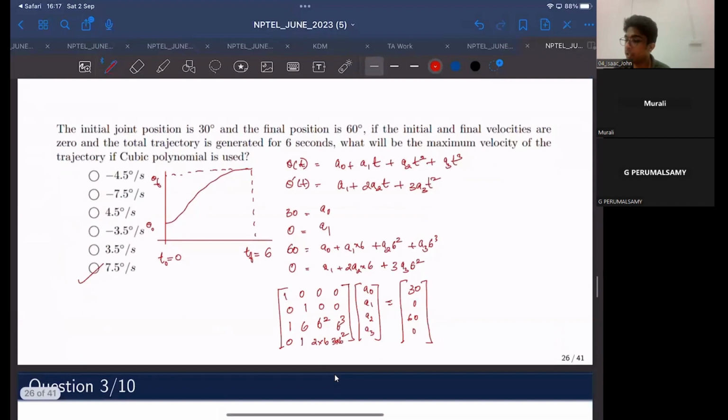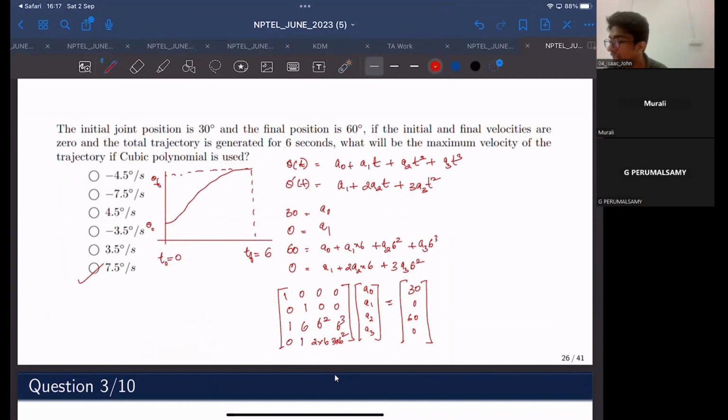So you can use any method to find the inverse of this matrix. You can either use MATLAB, or if you don't have MATLAB, there is something called Octave. This is a free alternative to MATLAB. You can also have an online version of this.